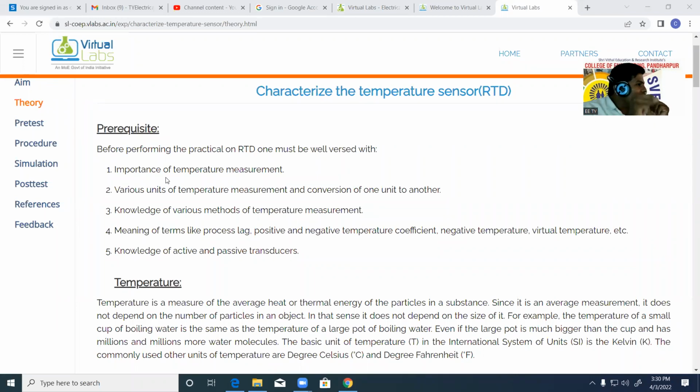At room temperature we represent alpha0, at some temperature we represent alpha T. If a positive temperature coefficient is there, that means RT is equal to R0 (1 plus alpha T). The change in temperature is a positive change. So the value of that resistance will increase with temperature.